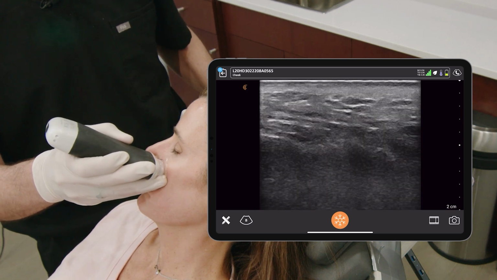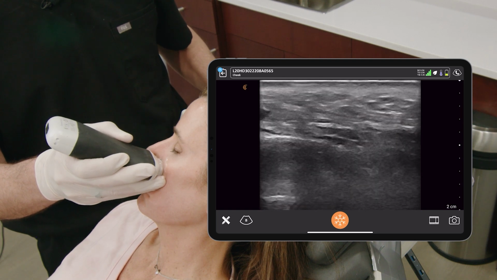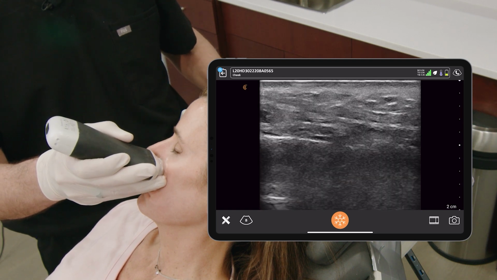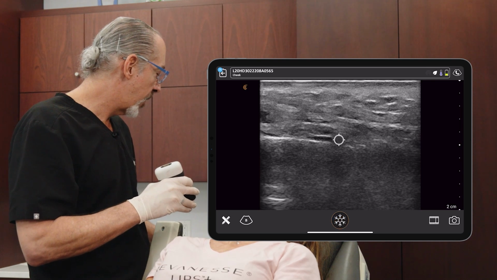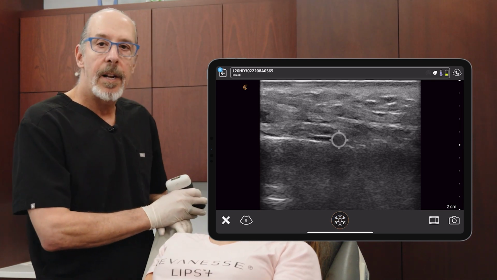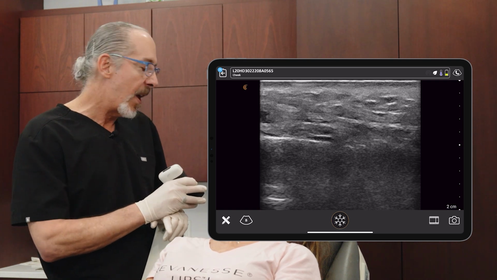So we see it right over here. I'm trying to move it into the middle of the screen. It's going to be right here. So you see that there's a small notch in the bone, and that's where the artery and nerve come out.